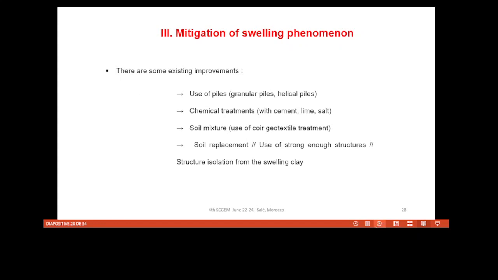Coming now to the mitigation of the swelling phenomena, there are some existing improvements. Some authors suggest the use of piles, granular piles or helical piles. Or we can also consider chemical treatments with added cement, lime or salt and some combinations.